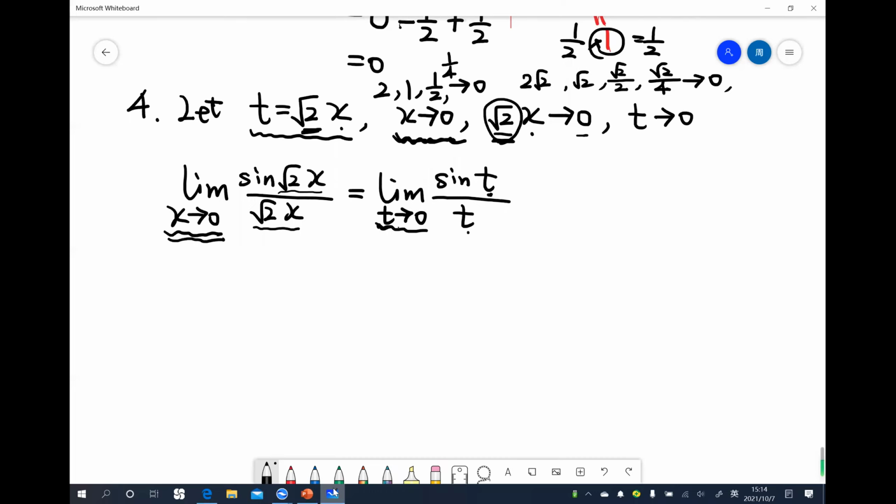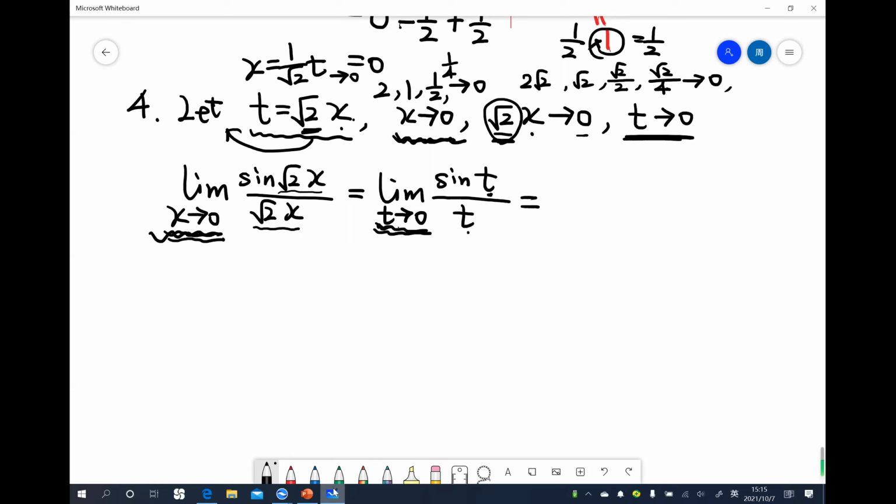Or you can use it here. So here you know that t equals the square root of 2x. So we know t also approaches 0 here. And here x approaches 0, and we want to change it so that x equals 1 by the square root of 2 times t, right? We move the square root of 2 from the right to the left. So x approaches 0, that means t also approaches 0 here.